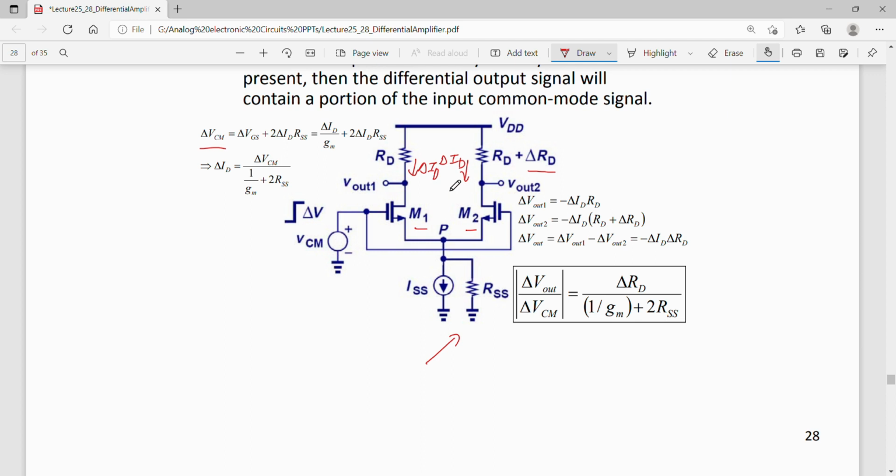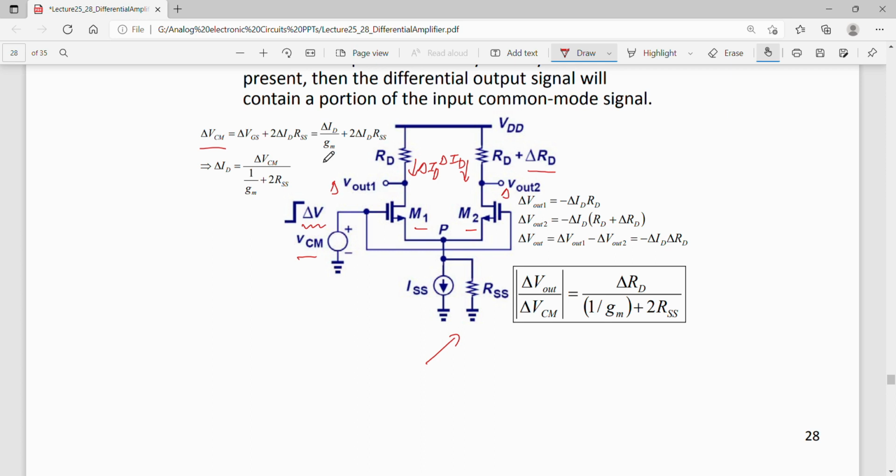Here delta ID is the small change in current due to a small change in VCM by delta V. So this causes the change in current delta ID in both these two transistors. This will also result in a small change in the outputs, that is delta V out 1 and delta V out 2.